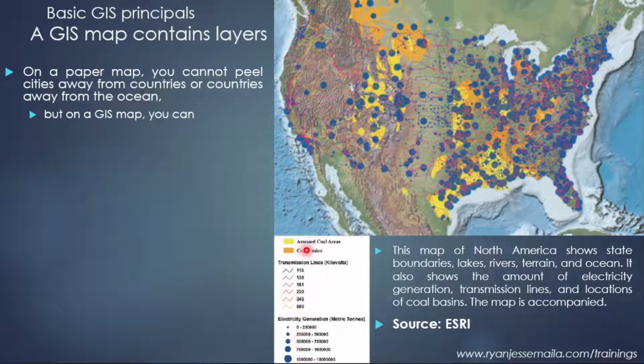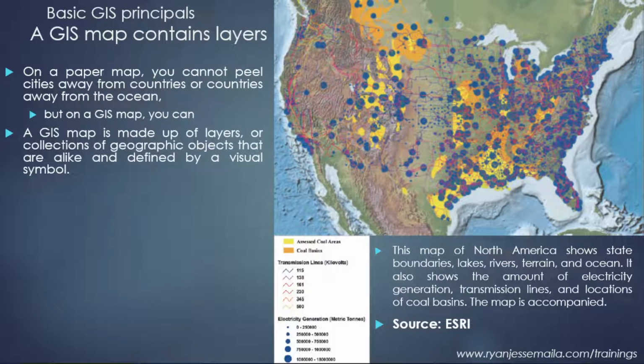So a legend is basically a guide that helps you understand the features and the colors that are on the map. So you can see the color codes here, and you can relate and extract meaning from the presentation. So what we are saying is that with GIS, you can remove this if you don't need the transmission lines. You can even add more information here, but on a paper map, it'd be hard to do, because every time you have to print a new copy, or you have to draw.